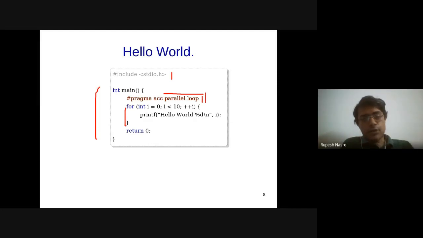But in this case, it is not clear how many cores it has, how many threads it is going to generate, etc. Definitely hello world i is going to get printed exactly once for each i from 0 to 9, but by how many threads, that is not clear. So we'll study all of that. One of the important aspects of this is to hide this complexity from the users. But of course, there are ways in which that can be specified, and we'll study that as we go along.